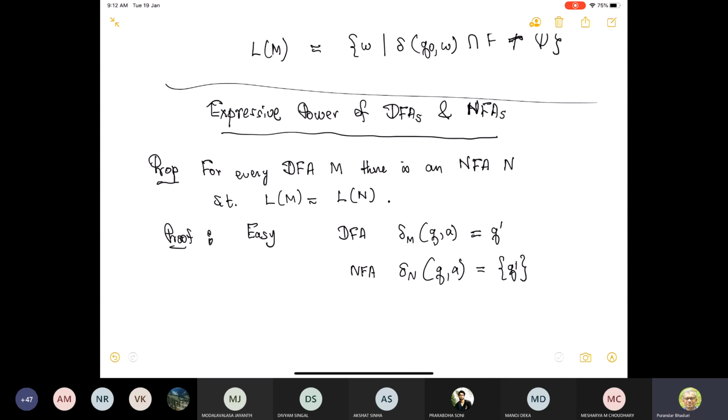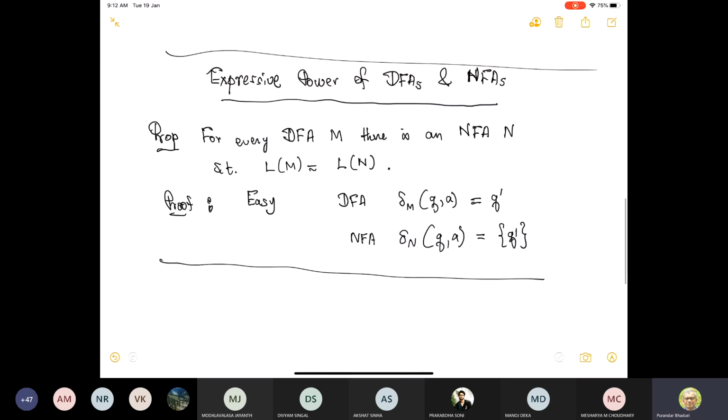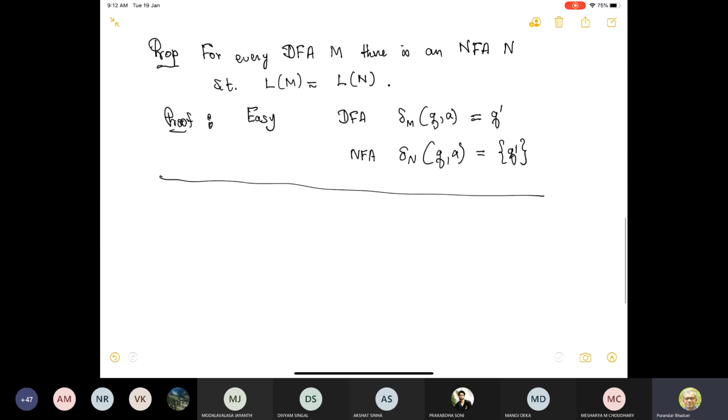And everything else is the same, right? So this effectively means that every DFA is also an NFA. So clearly, the language accepted by M and N are the same.